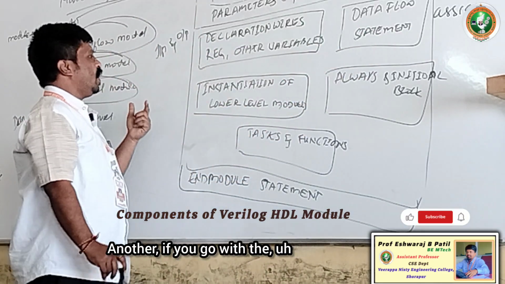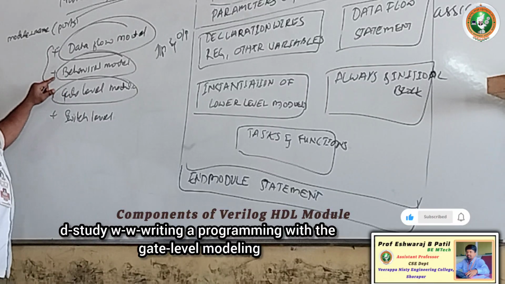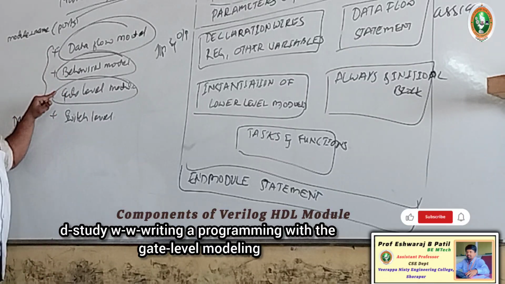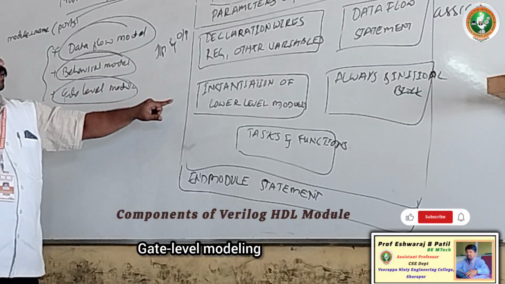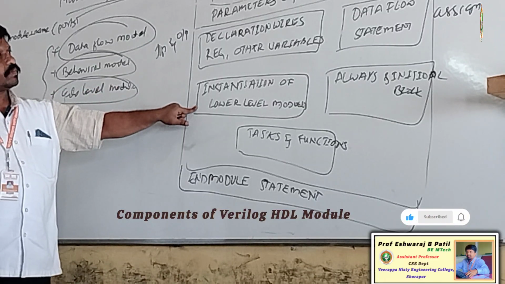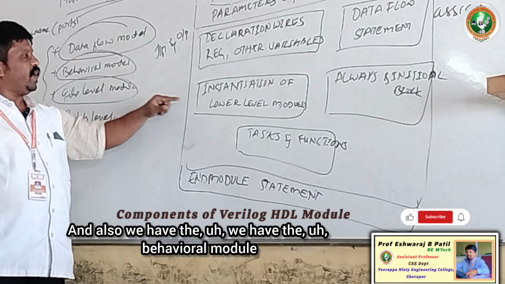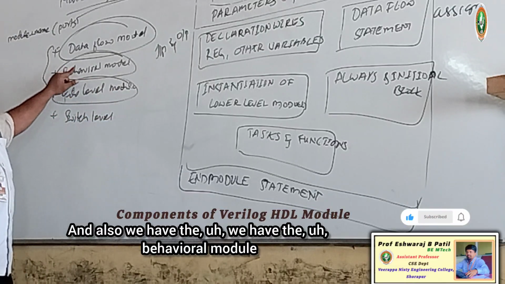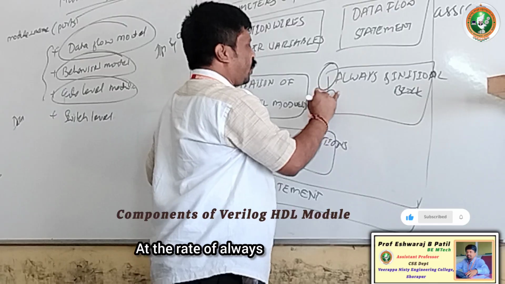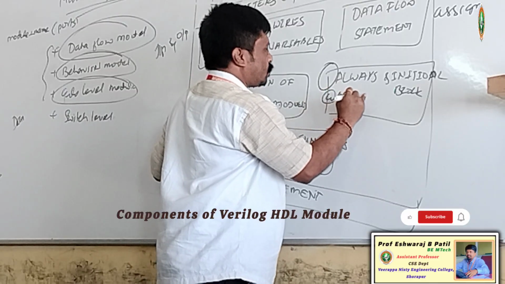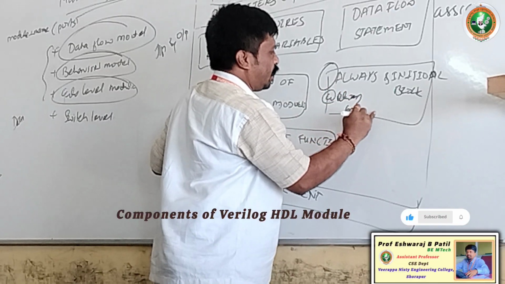Another, if you go with writing a program with gate level modeling, and also we have the behavioral model. The behavioral model always starts with the always keyword, at the rate of always begin, and also end.